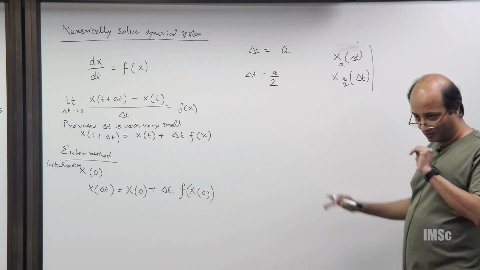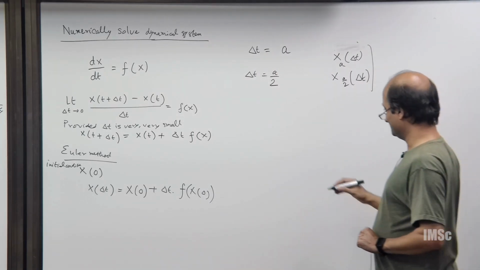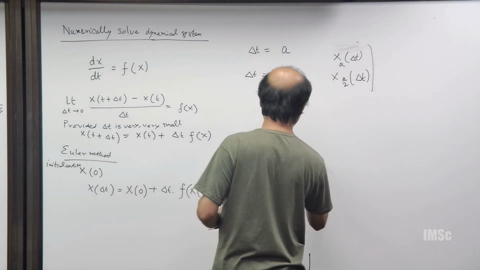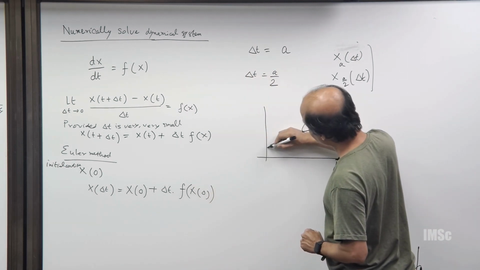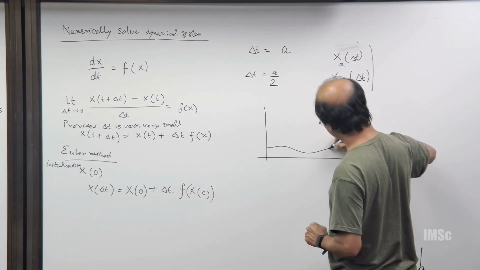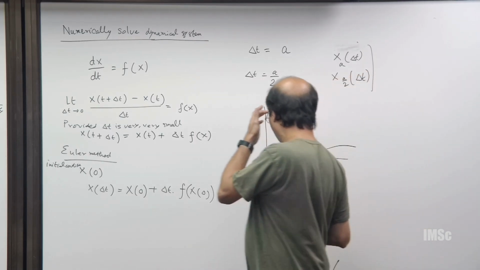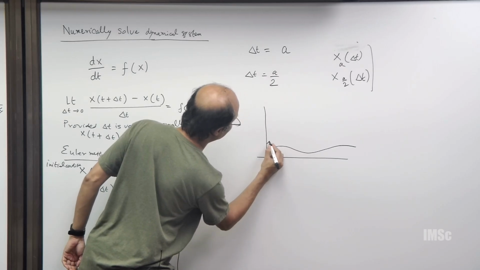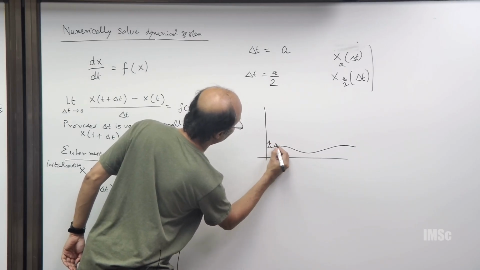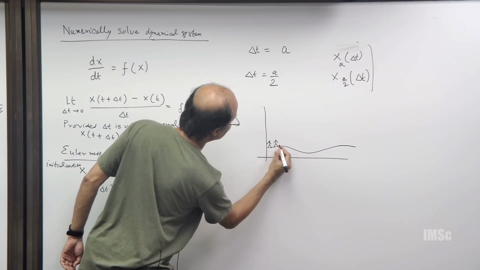Okay. The problem with Euler is this. Suppose your trajectory is going like this. Your delta t is like you are taking steps. You are walking and you are taking steps like this.